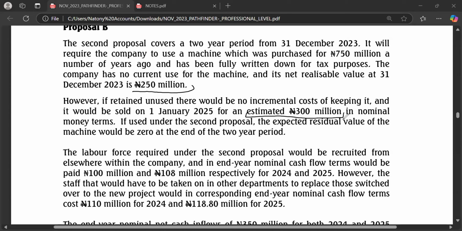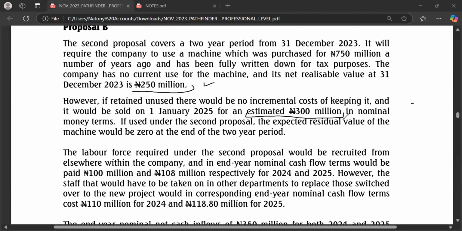But in this situation where your examiner has decided to come this way, what will you now do? Which figure are you going to pick? Are you going to pick 250,000 or are you going to pick 300,000? Okay. So, but you can look at the solution to see what is being done there.